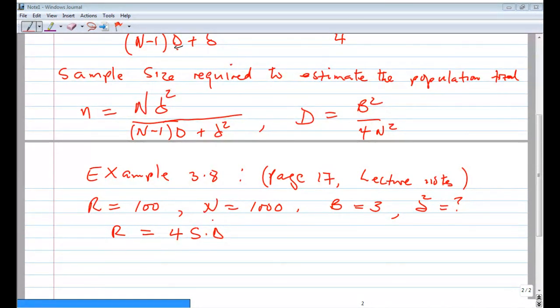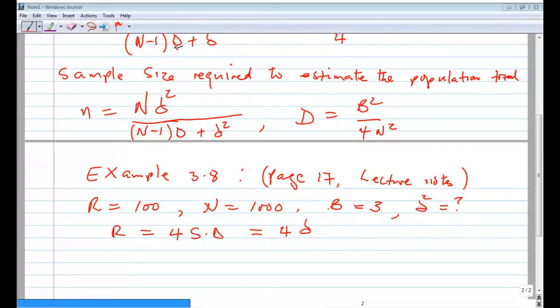If they gave you a range and didn't give you the population variance, you can deduce it from this information. R is equal to 4 SD, where SD stands for the standard deviation, which is equivalent to 4 times sigma, because the standard deviation is sigma.